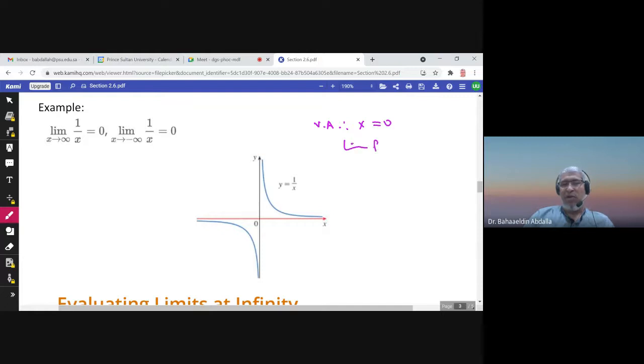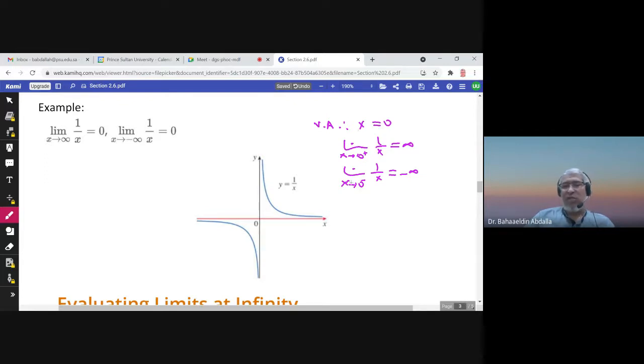Because the limit of 1 over x when x approaches 0 from the right is infinity, and the limit of 1 over x when x approaches 0 from the left is negative infinity. So this proves that the line x equals 0 is a vertical asymptote.